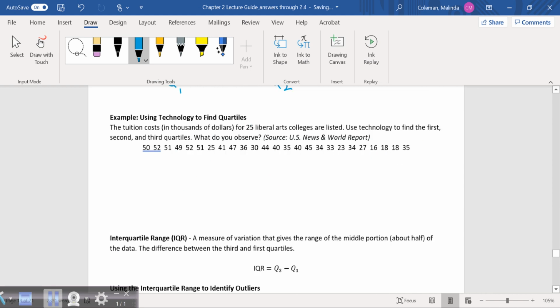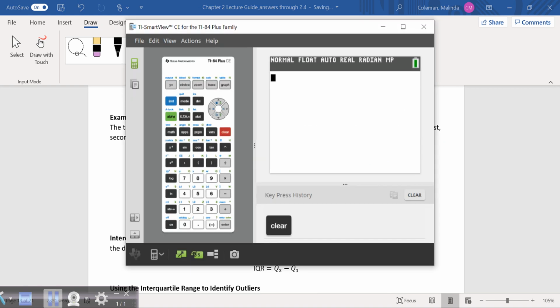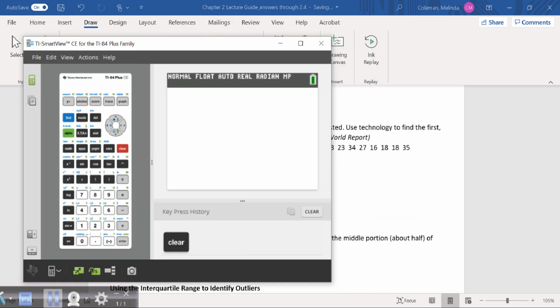So how do we use technology to do this? We already showed how to use your calculator with entering your data. And you may have already recognized that we're going to do the same thing, because when we enter the data, we end up going back to that one variable statistics, and you may have seen Q1 and Q3 on there.